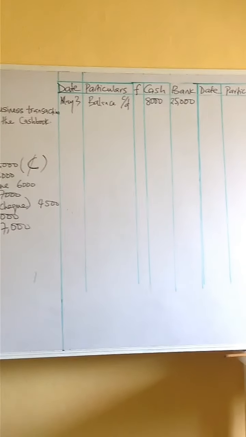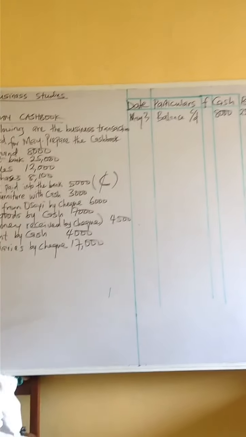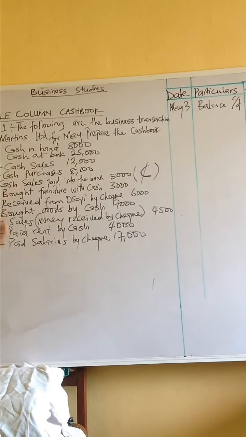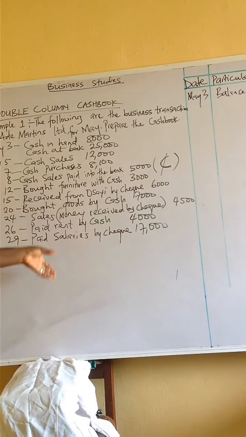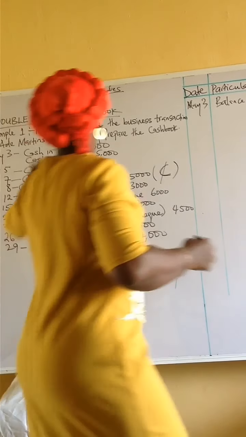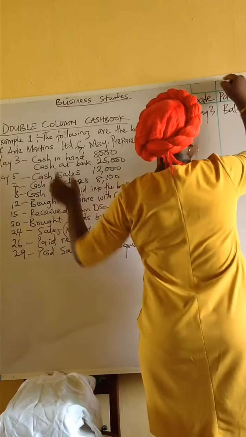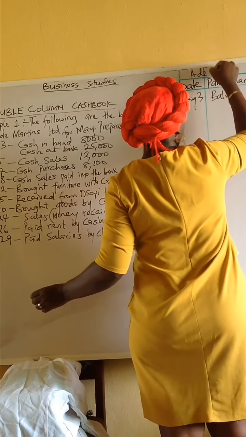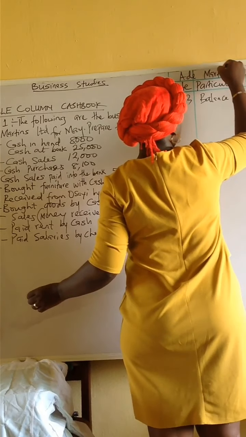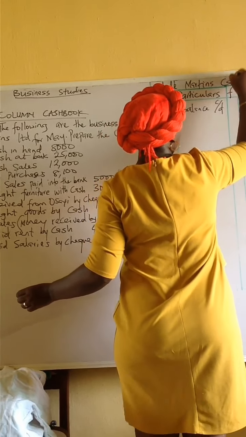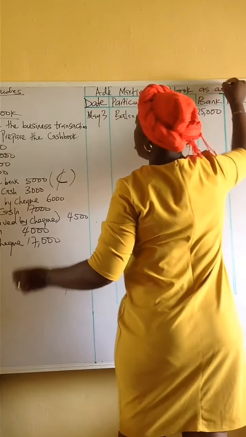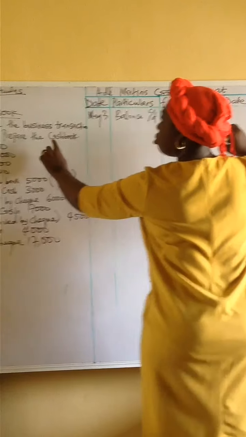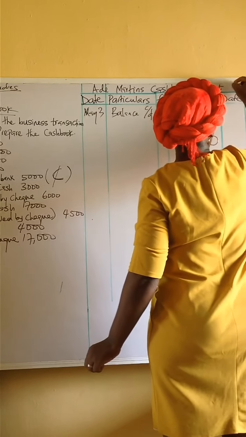They said cash in hand, cash at bank. There are two different transactions, but they are brought forward from before this current month. Take note, this is Ade Martin's cash book as at the month of May.